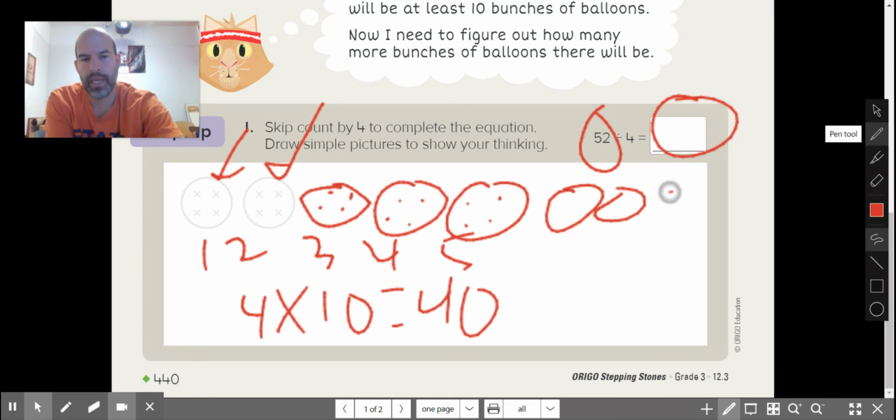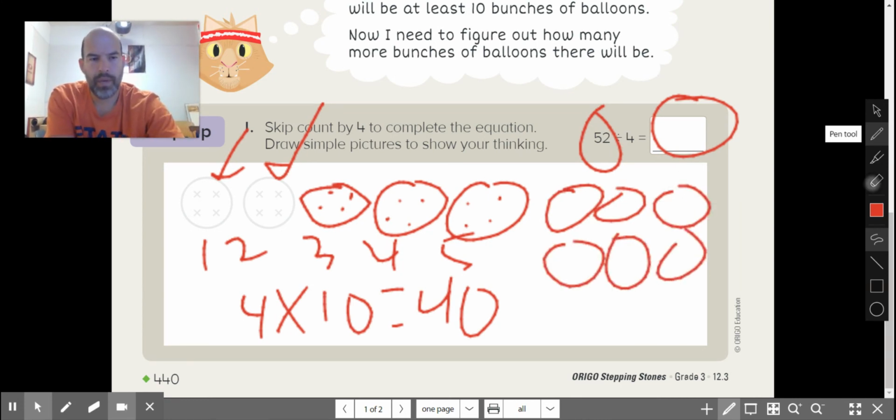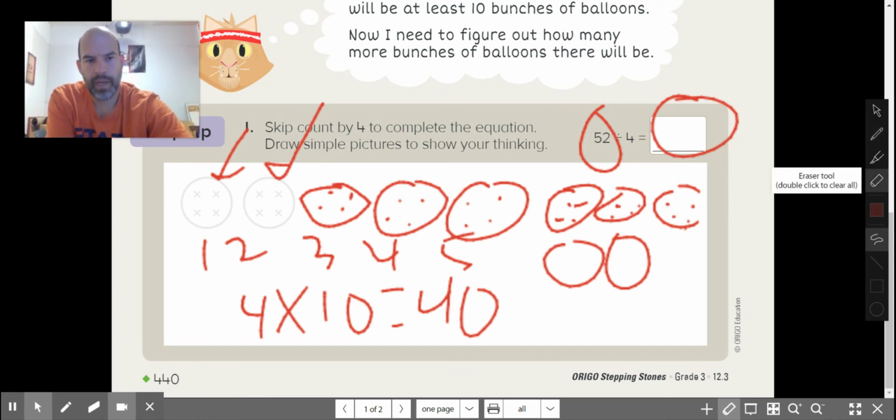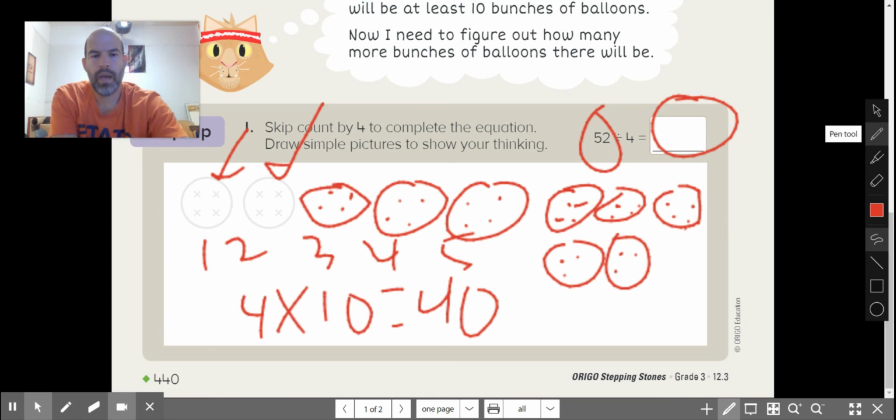So we continue making these here, okay? Sorry, we got one extra dot out here. Okay, so we know that would equal a total of 40, but we need to get up to 52.